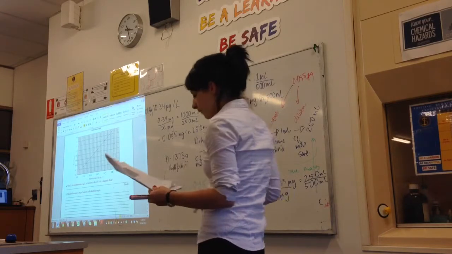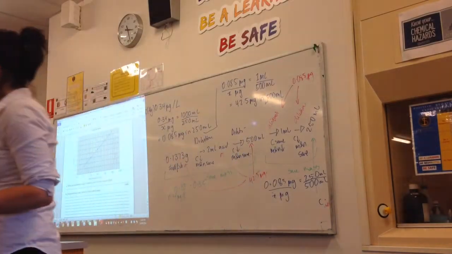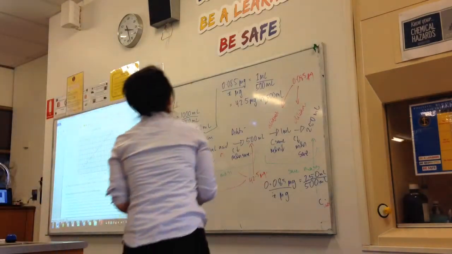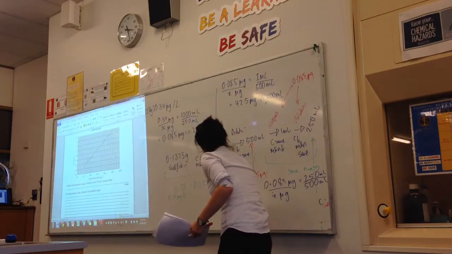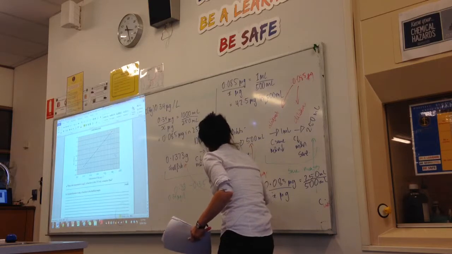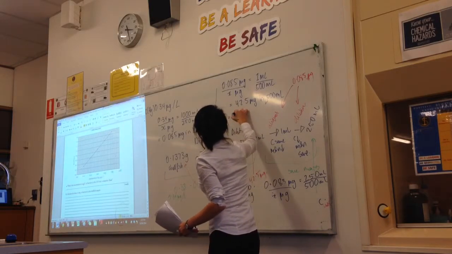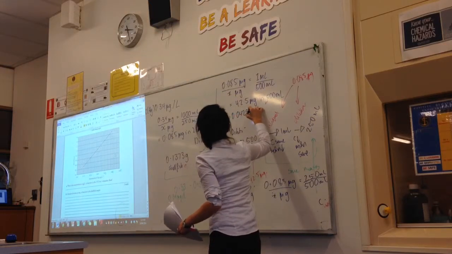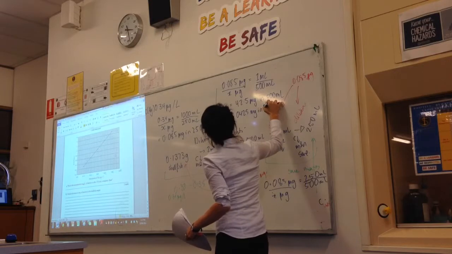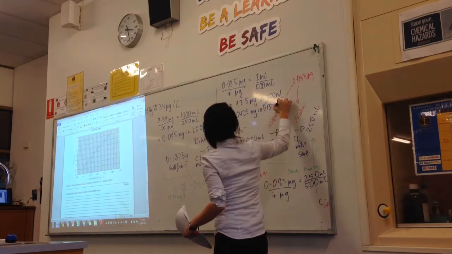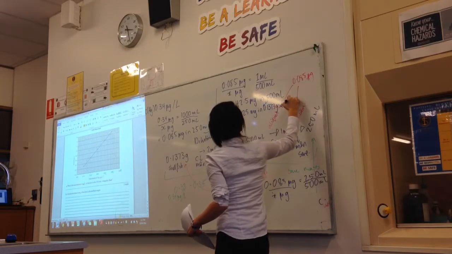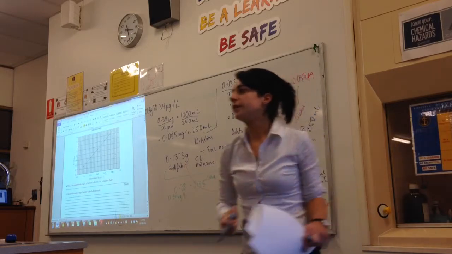No, because the question asks for milligrams. So micrograms to milligrams, it's in your book, is dividing it by 1,000. So that equals 0.0425 milligrams in our 0.1373 gram sample.